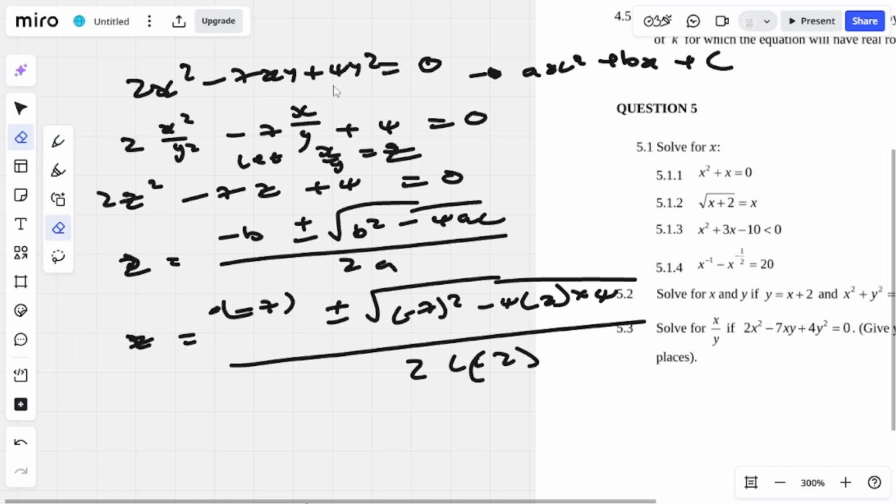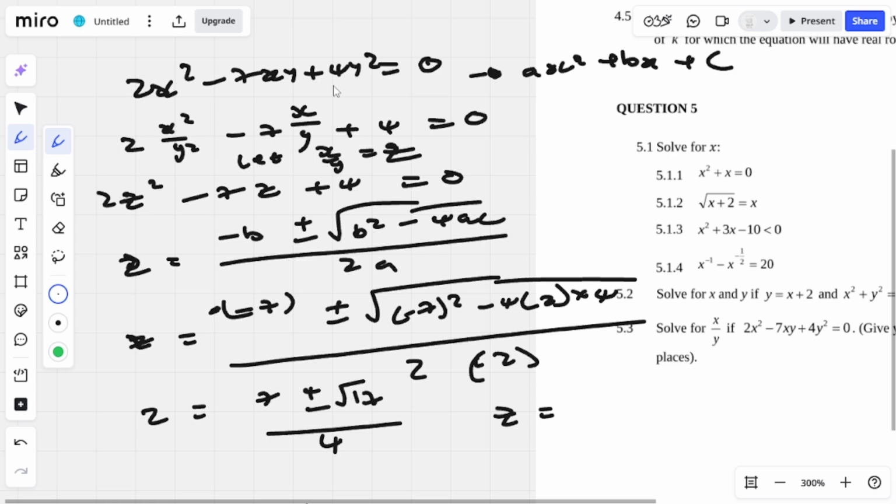Apologies for the extra bracket here. Then after doing this, I can simplify it if I want to, and I'm going to have 7 plus or minus the square root of 17, over 4. Now, my z answer, I'm going to write it here, is equal to 0.72 or 2.78.